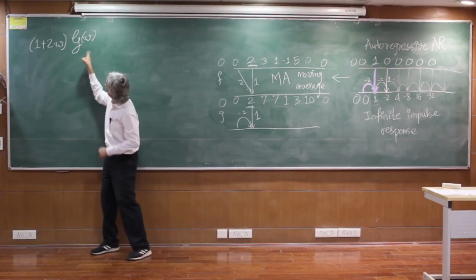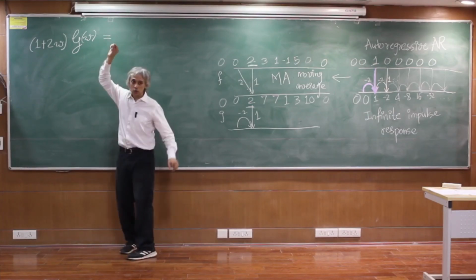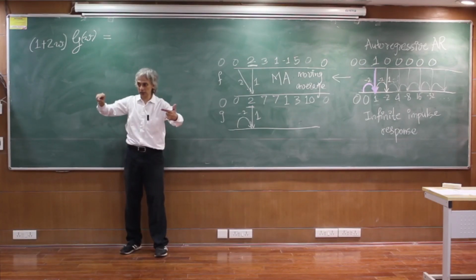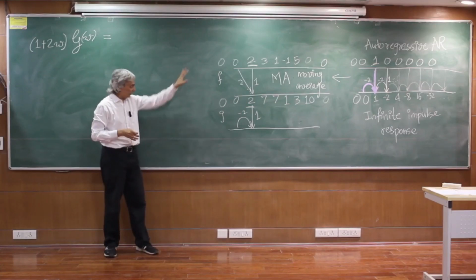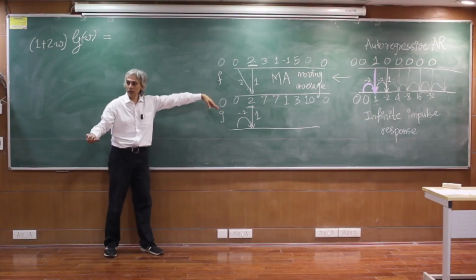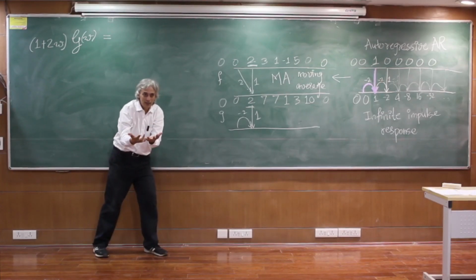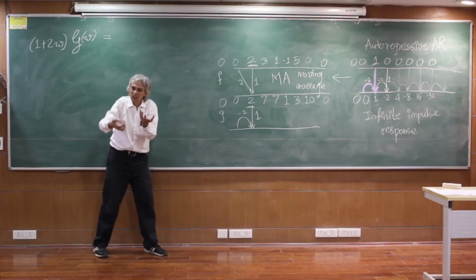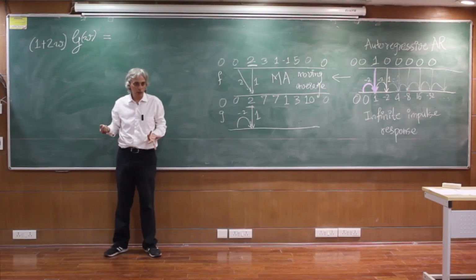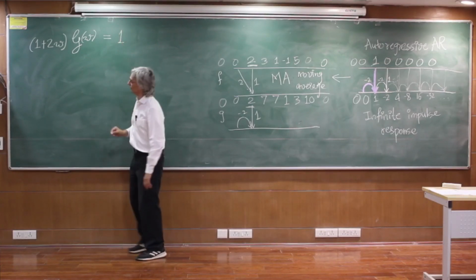So this must produce a polynomial which represents the cascade of the two. But the cascade of the two is what? Just that single one line, right? The identity convolution. And what is the polynomial representation of that? 1 plus 0w plus 0w square. 1. Correct? Yes?